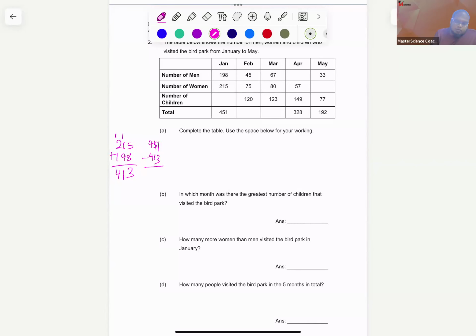So I carry over from the 5, 11 minus 3, 8, 4 minus 1, 3, so 38. Okay, then this one: 45, 75, 120. I plus, this is 10, 5 plus 2, 7, 7 plus 7, 14, 240.